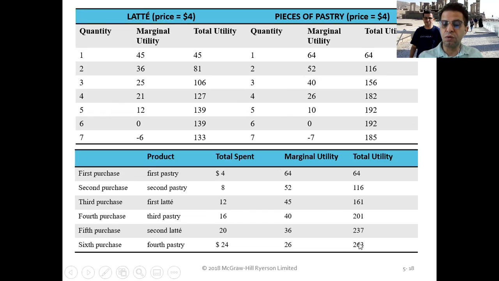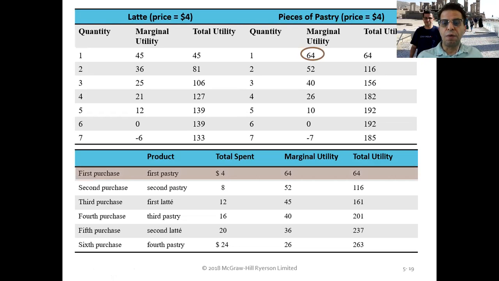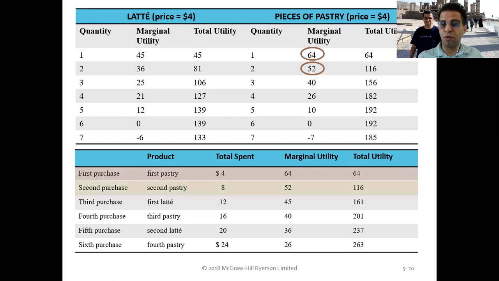So we wanted to maximize our total utility by selecting the higher marginal utility in each case. So, as we say, the first one is 64. The second one, you go for 52 marginal utility.